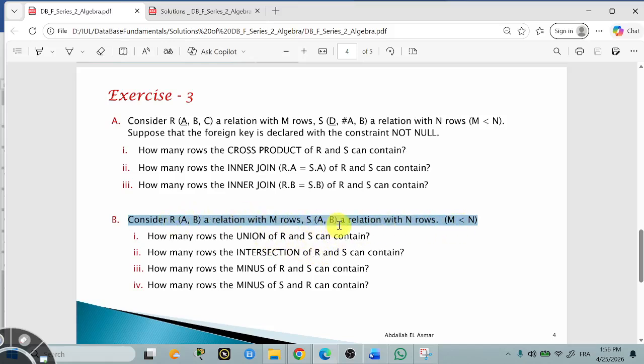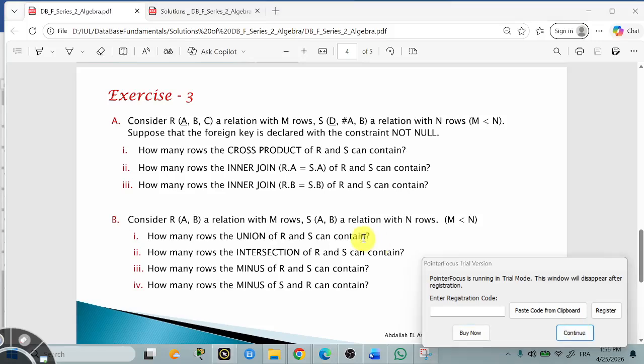So for example, how many rows can the union of R and S contain?